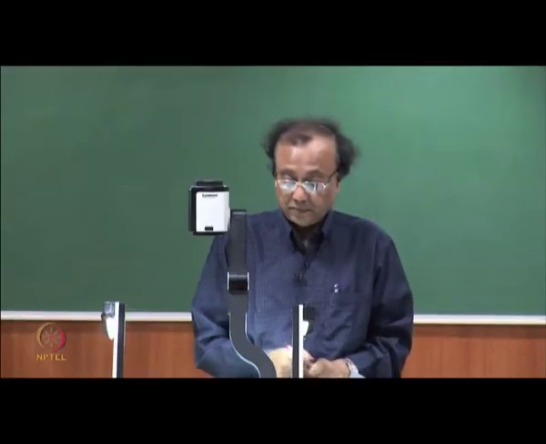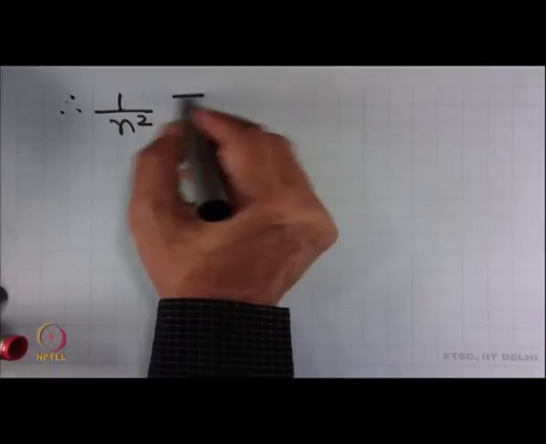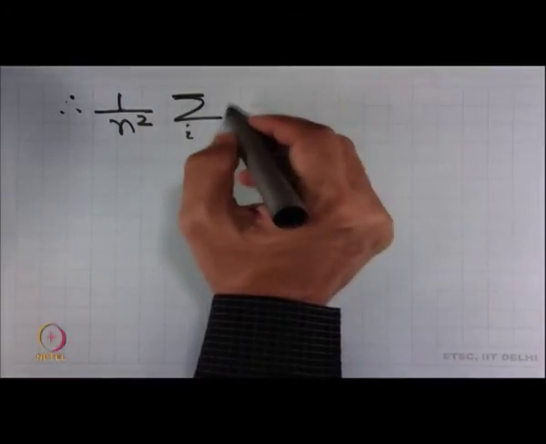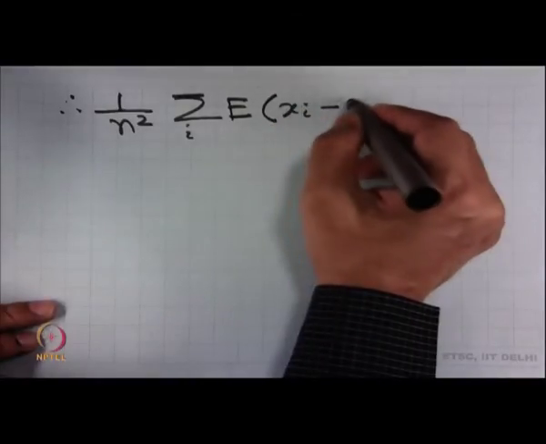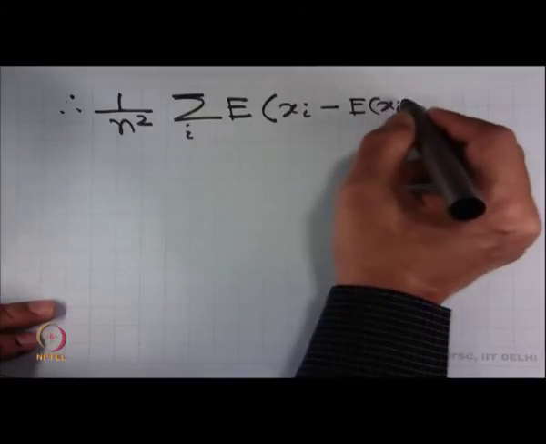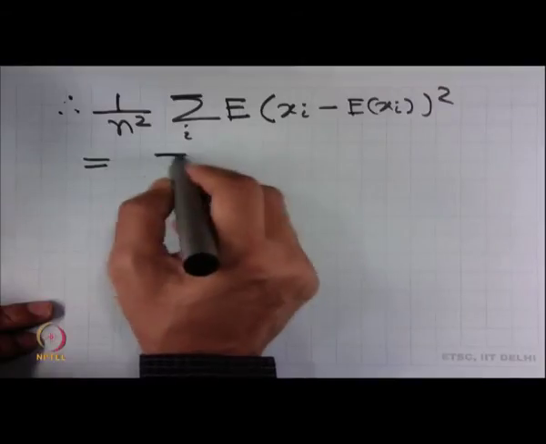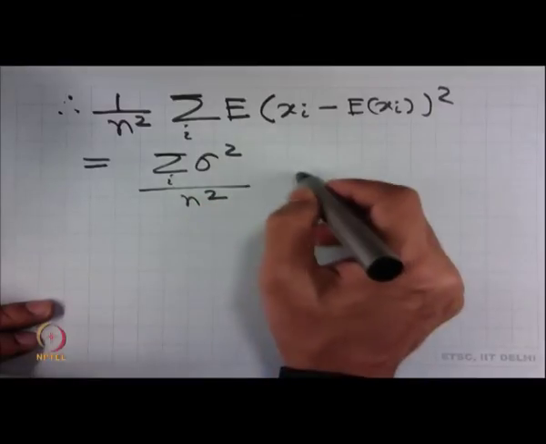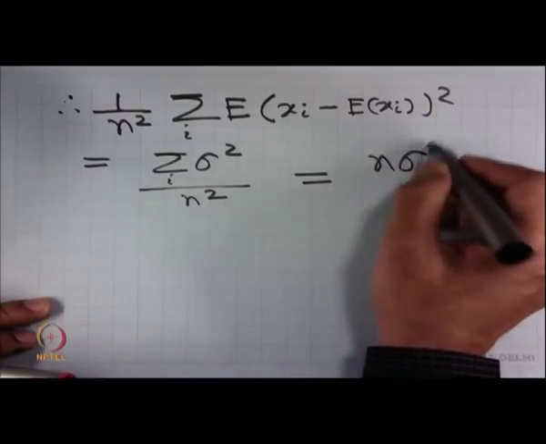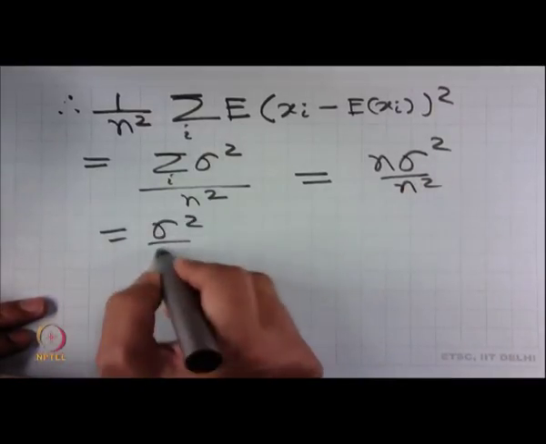Therefore, 1 by n square into sigma over i of the expected value of xi minus the expected value of xi whole square is equal to the summation over i of sigma square divided by n square, which is n sigma square upon n square, which is equal to sigma square by n.